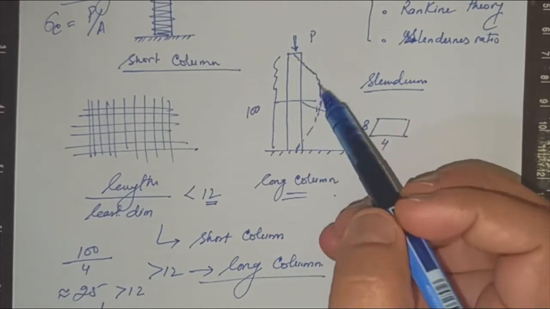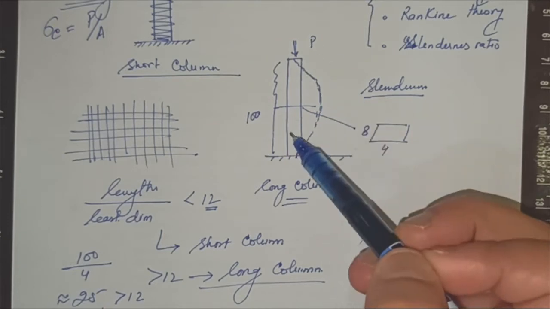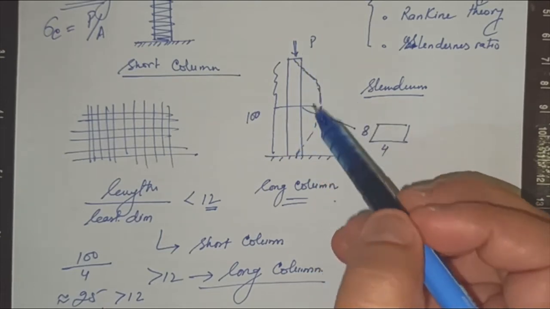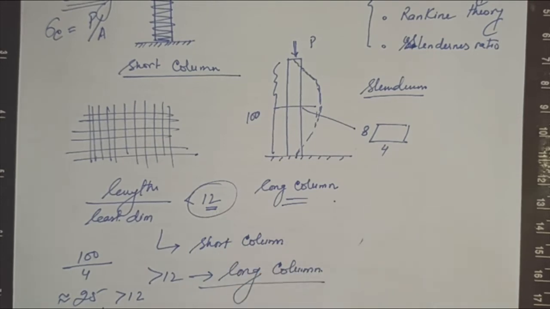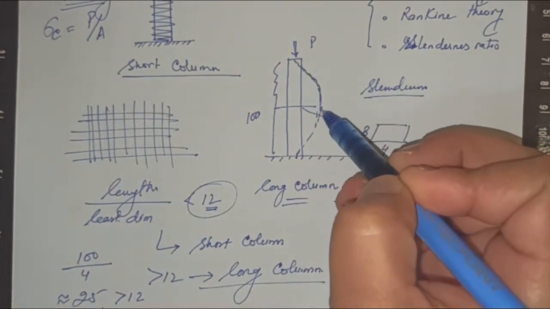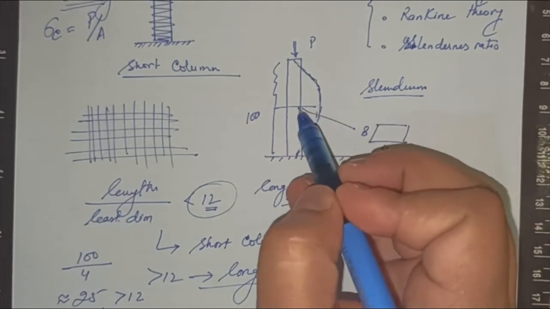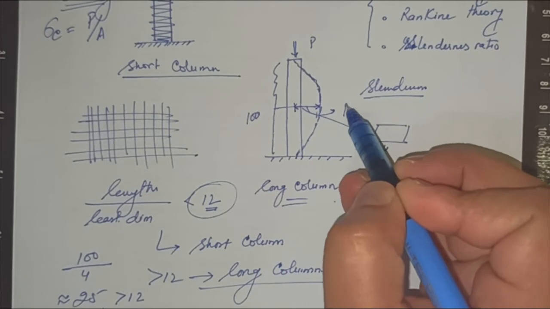Whenever you put a vertical load on very long columns, which have a slenderness ratio of more than 12, these columns fail by a bending of a certain kind, which is known as buckling.